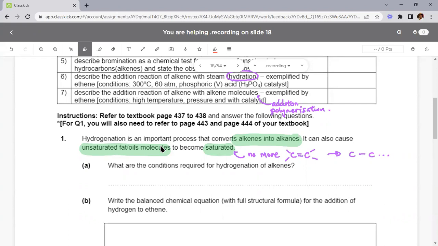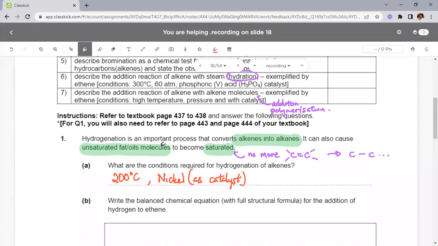So the 3 things we always consider are temperature, pressure, catalyst. In this case, for hydrogenation, the conditions only deal with temperature and catalyst. So what's the condition? It is 200 degrees Celsius and nickel as a catalyst.